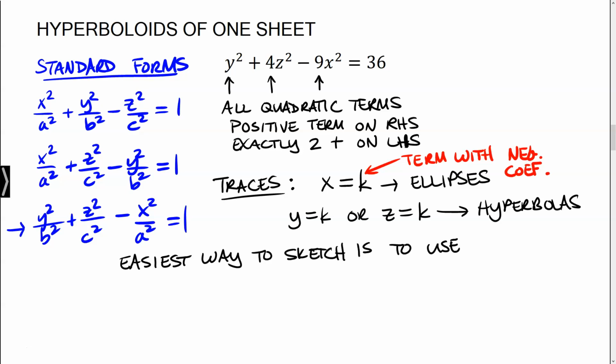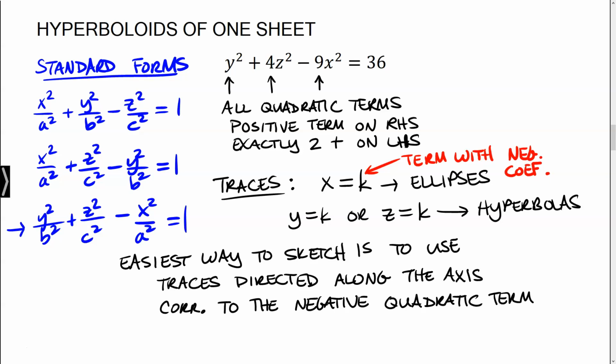So the easiest way to sketch is to use traces directed along the axis that corresponds to the negative quadratic term. So for us, in this case, it's the x-axis. And a nice feature of this is if the traces that are ellipses are circles, this actually turns out to be a surface of revolution about that axis.